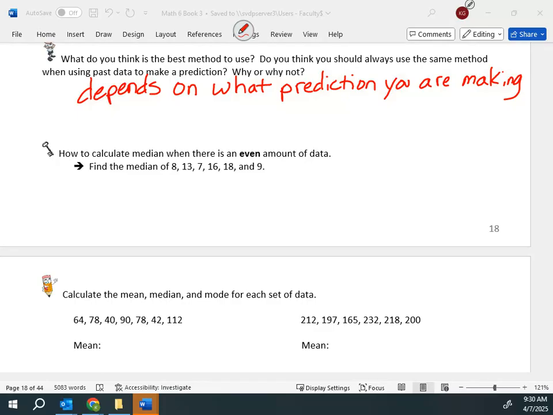Who could make a prediction based on that? What do you think, Emma? 25. Why would you think 25? Because the 10th game is high percentage for another point. So when you go from the 22, it would go to 23, 24. That's only when we put our numbers in order.